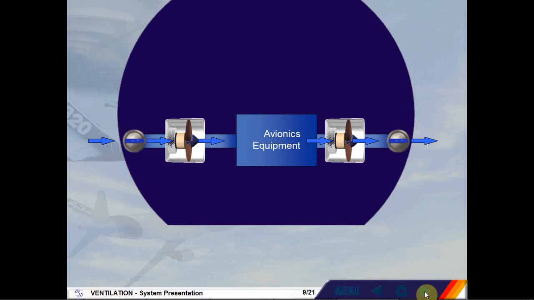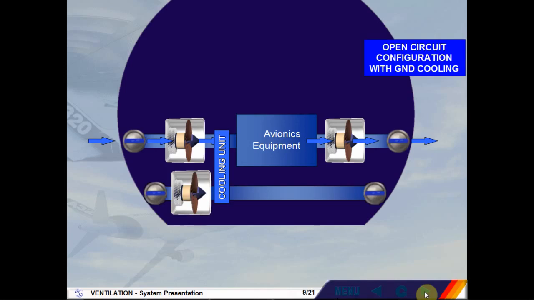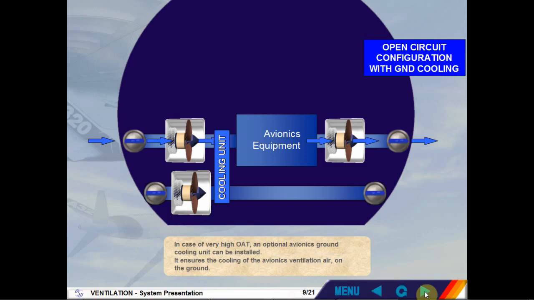In case of very high outside air temperature, an optional avionics ground cooling unit can be installed. It ensures the cooling of the avionics ventilation air on the ground.